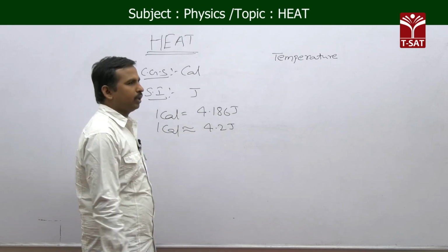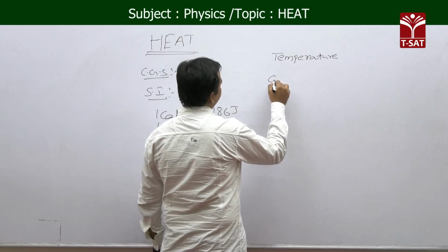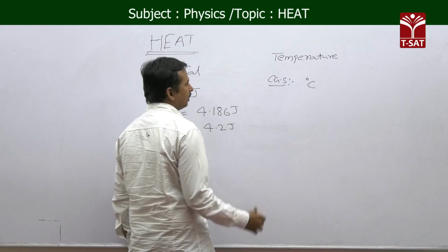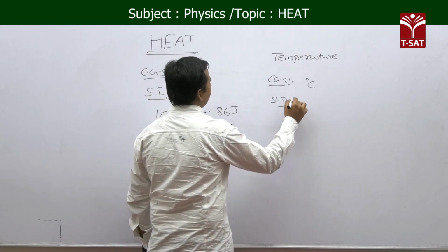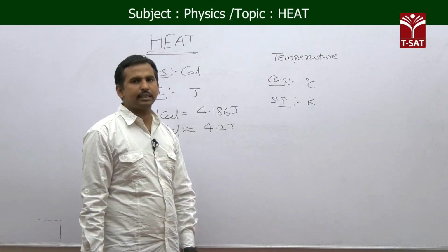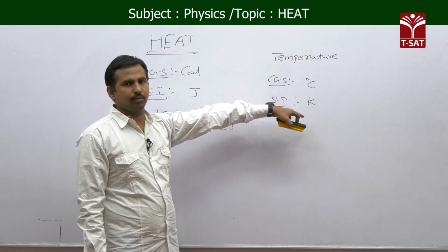For temperature, the CGS unit is degrees Celsius, whereas the SI unit is Kelvin.